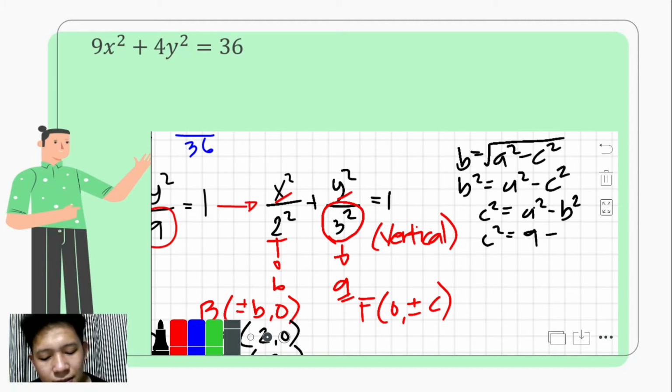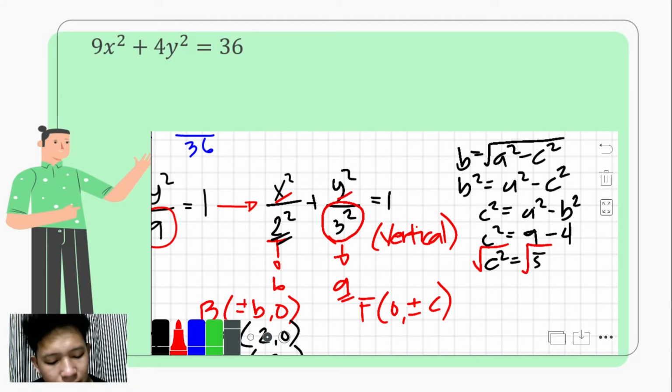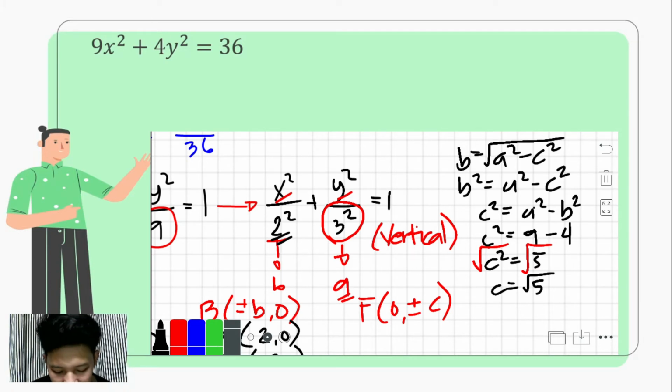And then yung b square natin, that is 2 square, that's 4. So we'll be having c square equals 5. And by extracting the roots of both sides, that will make the value of c equal to square root of 5. Okay, or approximately, this is equivalent to 2.24. Okay, so approximately lang po.